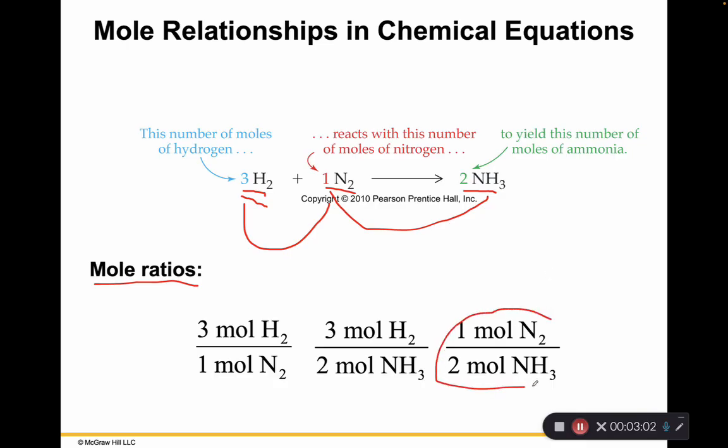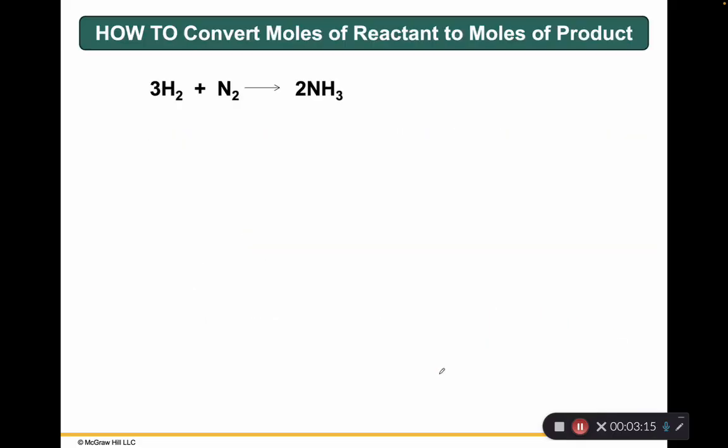Depending on which moles I need on the numerator, I have to choose the conversion factor. So let's see in our next slide how to use that information.